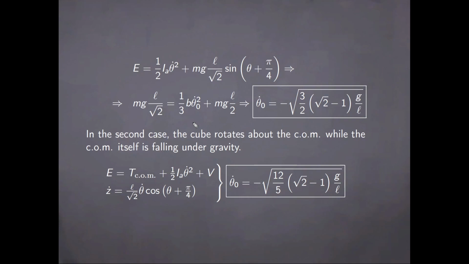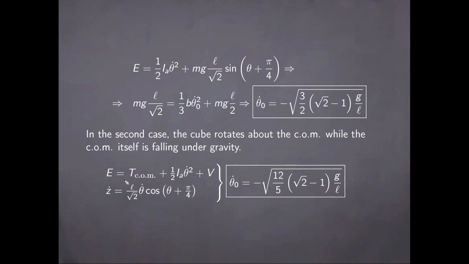Now in the second case, what happens is that the cube no longer rotates about the edge that is in contact with the surface. Rather, it rotates about the center of mass, while the center of mass itself is falling under gravity as the edge slides on the surface.